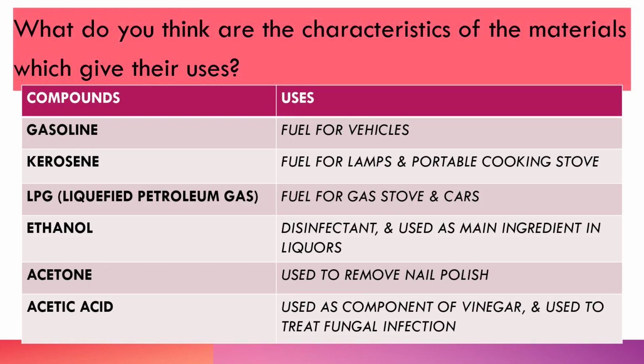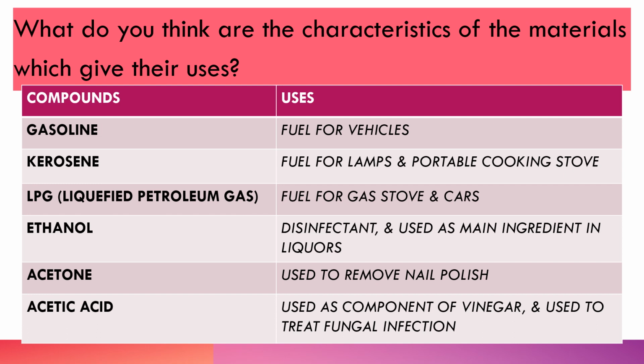The next slide. What do you think are the characteristics of the materials which give their uses? So we have here the compounds, and the second column is its uses. First is the gasoline. Gasoline, that is fuel for vehicles. Kerosene, used as a fuel for lamps and portable cooking stove.